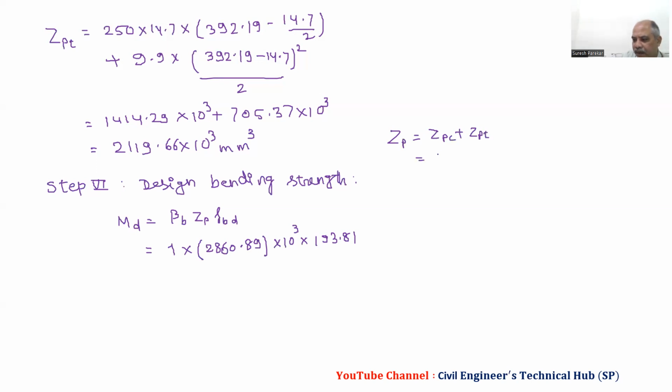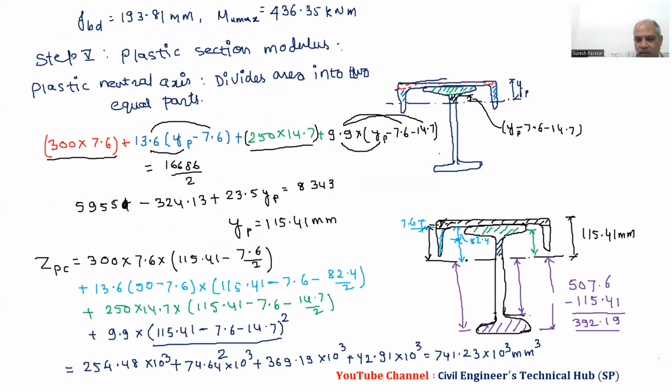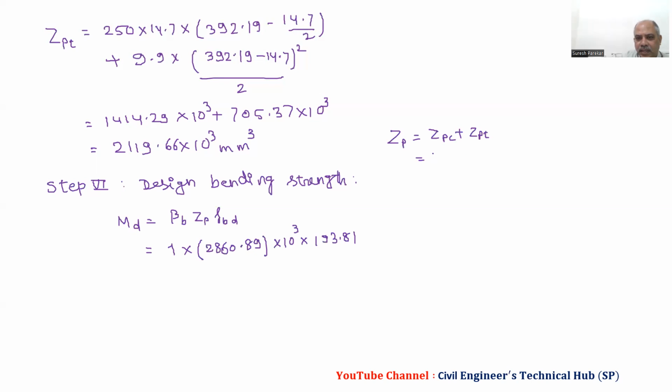ZPC we have this value 741.23 plus 2119.66, and that is into 10 raised to 3, and that value we got: 2860.89 into 10 raised to 3 millimeter cube.